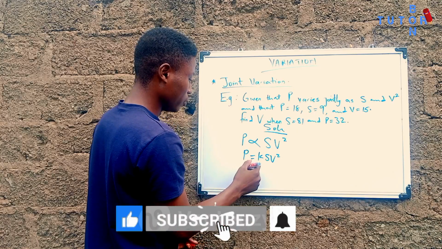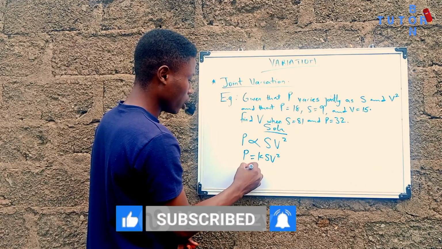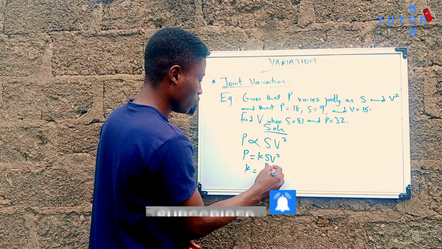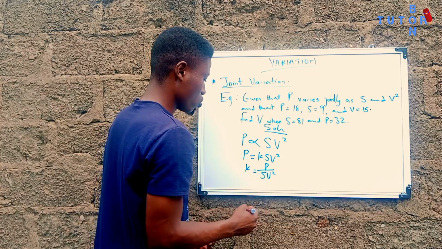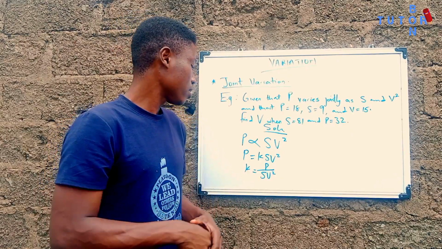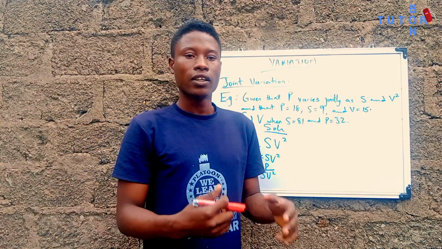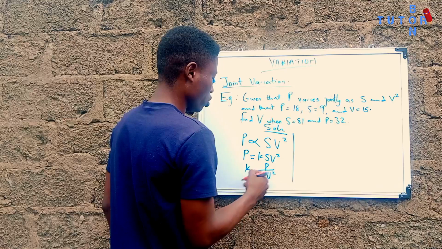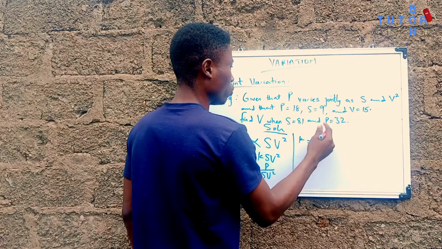Then you will have k equal to p over s v squared. So your k is equal to, what's your p?